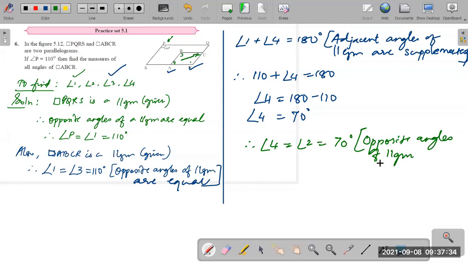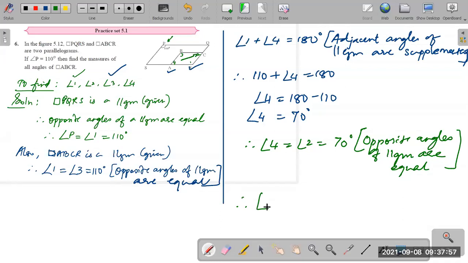For every step, there should be a reason. Just for calculation, it's okay, you don't have to write the reason. But when you are writing out a specific statement, you should be able to reason it. So opposite angles of parallelogram are equal. Therefore, angle 4 equals angle 2, which is 70 degrees.